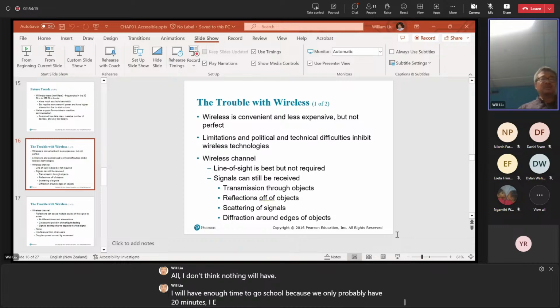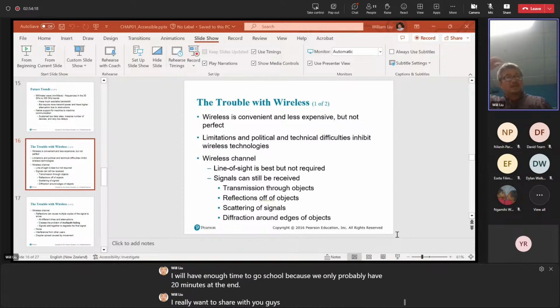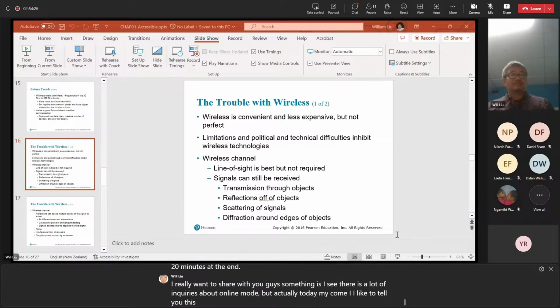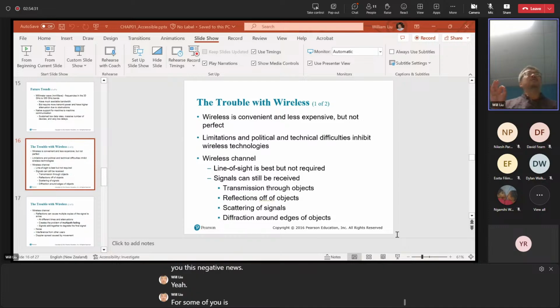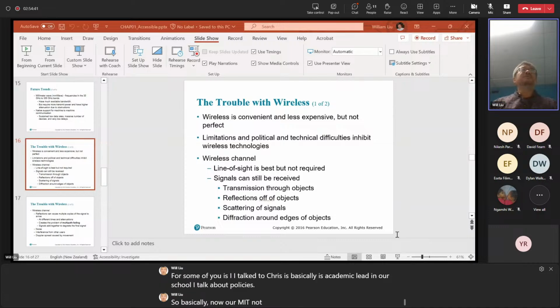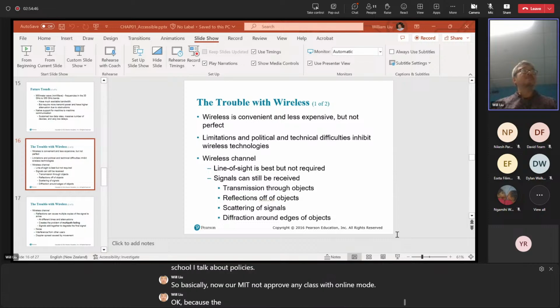At the end, I really want to share something with you guys. I see there are a lot of inquiries about online mode, and today when I came, I'd like to tell you some negative news. For some of you, I talked to Chris, who is the academic lead in our school, about policies. Basically, MIT does not approve any class with online mode now, because of teaching performance.